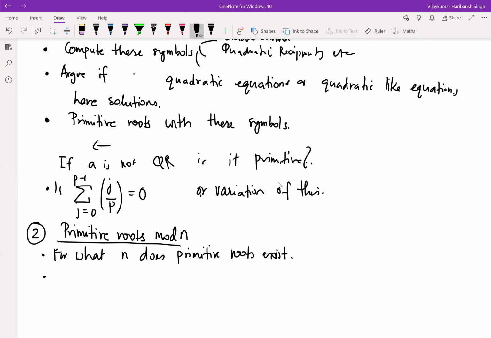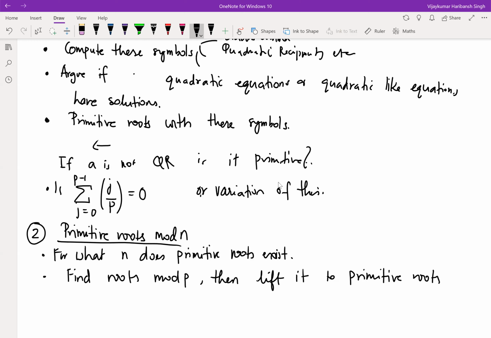Then you find a primitive root mod p, and then lift it to primitive roots mod p to the power alpha. Okay. So this is about primitive root computation, computing the primitive roots.